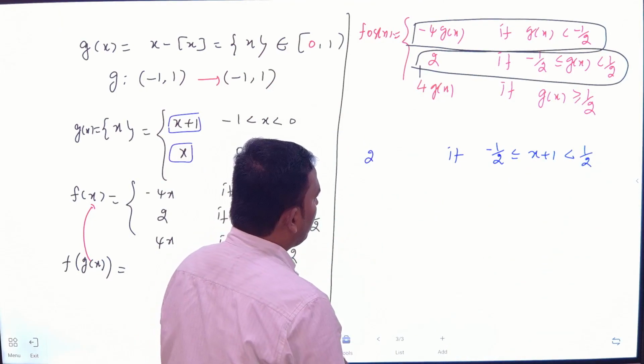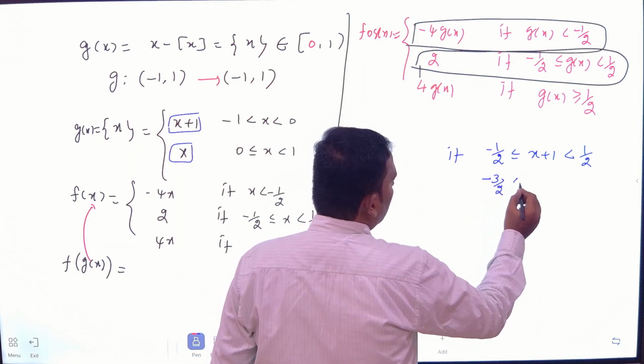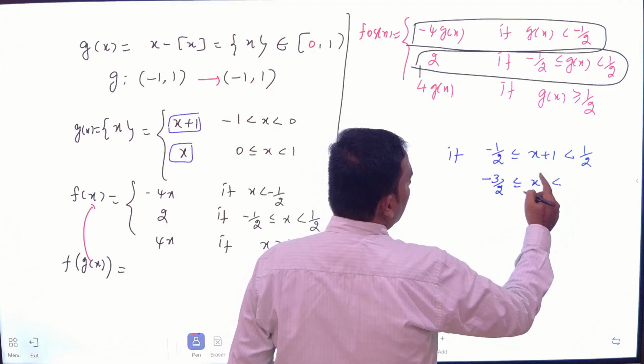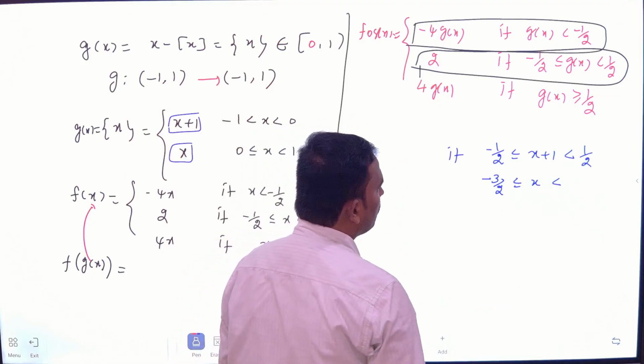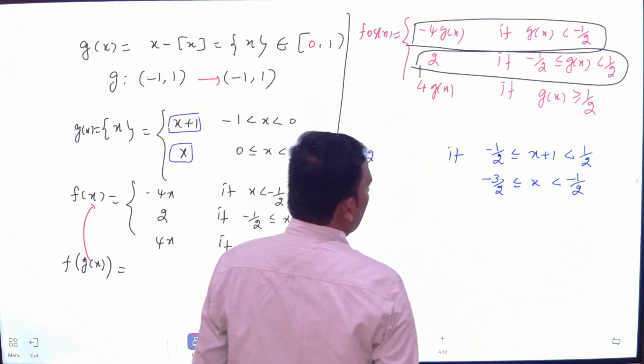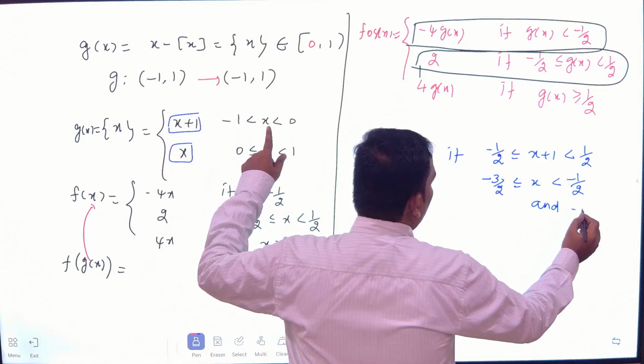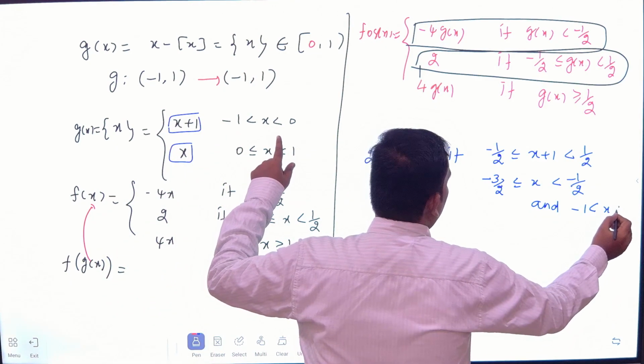Okay, now you can calculate x here, adding minus 1: minus 3 by 2 less than x less than, add minus 1, 1 by 2 minus 1 is what? Minus 1 by 2, okay? And x is in minus 1 to 0, minus 1 less than x less than 0.